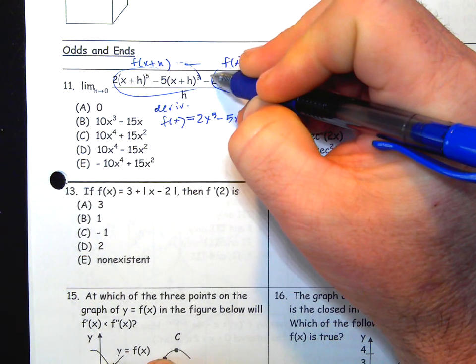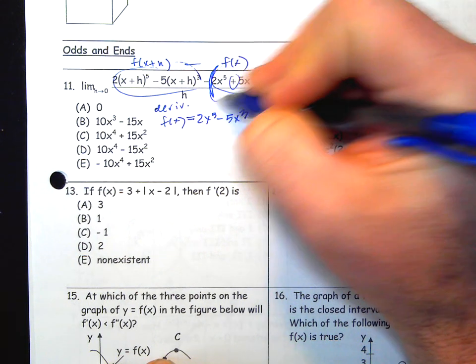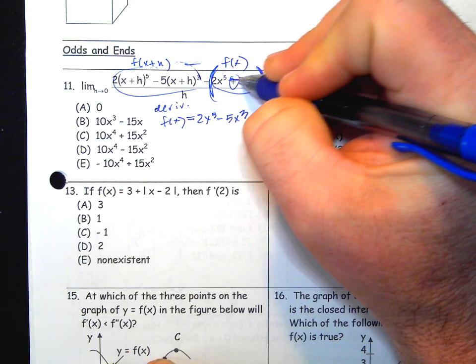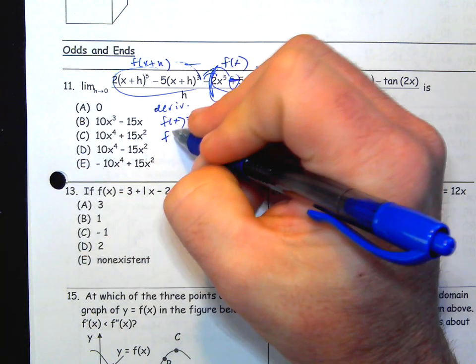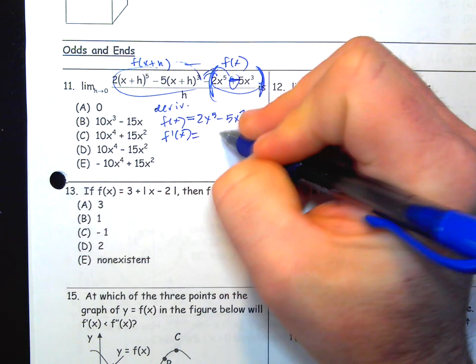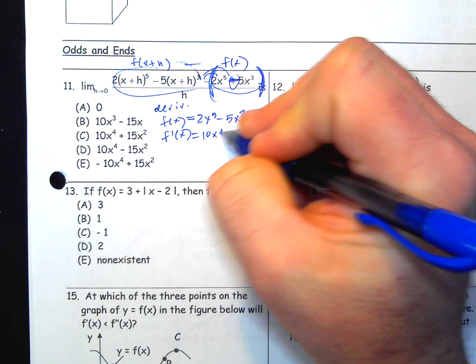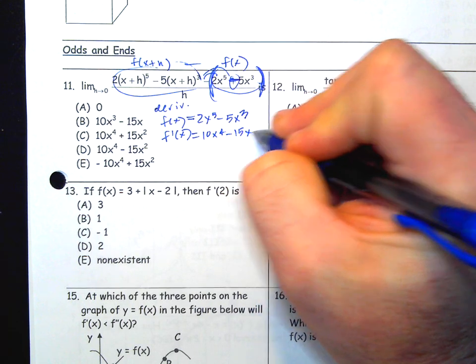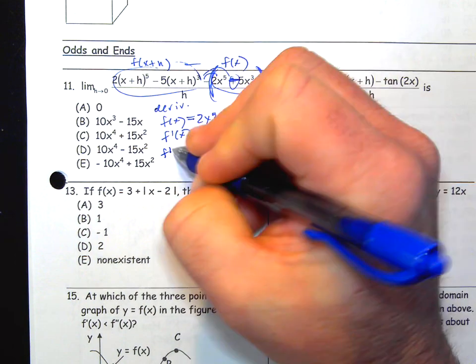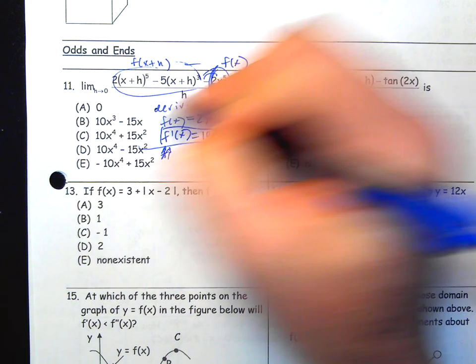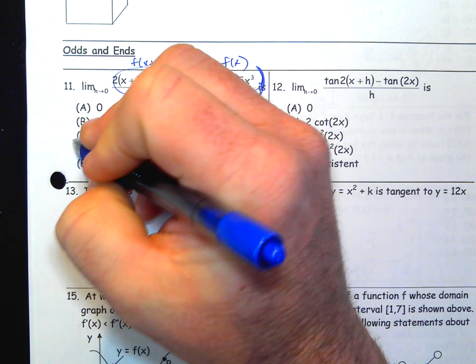Yeah, because if we put parentheses around it, it would have been a minus, and then you distribute the negative, and it makes it a plus. So that's your function. The derivative of that is 10x to the fourth minus 15x squared. And then that's it.